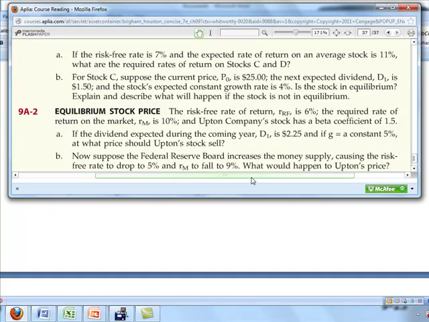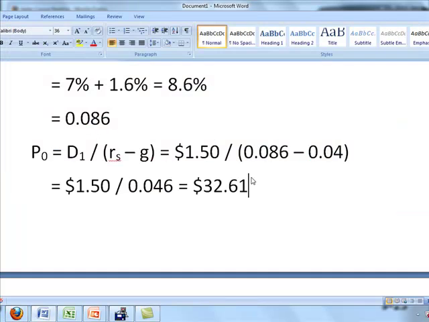Then we would have expected market forces to bring the price back down. So if we're away from the equilibrium price of $32.61 for whatever reason, the market will begin to act to bring things back. Market forces, just normal buying and selling, will immediately act to bring the price back toward its equilibrium value of, in this case, $32.61.